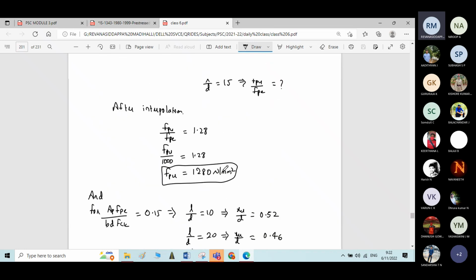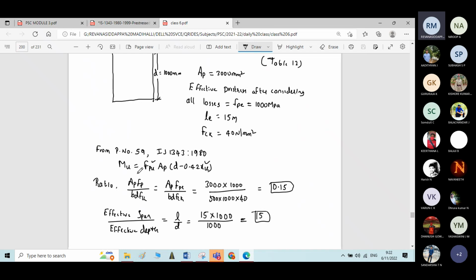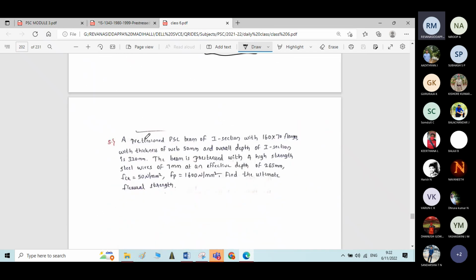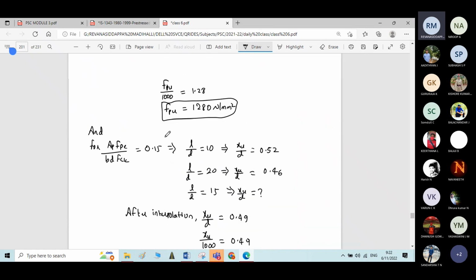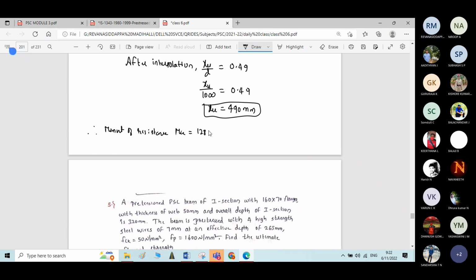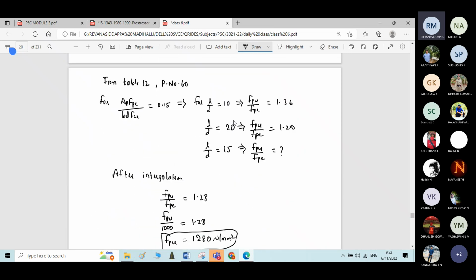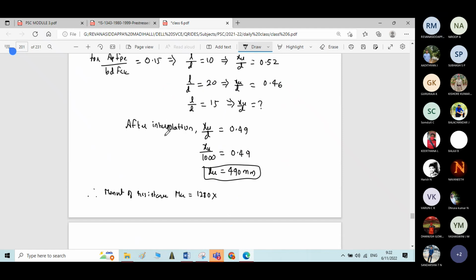Now XU is known, FPU is known, everything is known. You can get the value of moment of resistance. Therefore, moment of resistance MU is equal to FPU, which we got as 1280, into AP, area of pre-stressing steel, which is 3000, into D minus 0.42 XU, that is 1000 minus 0.42 into 490.